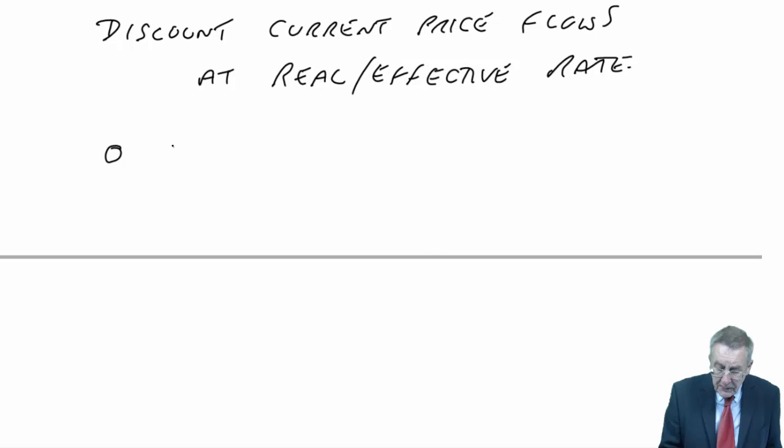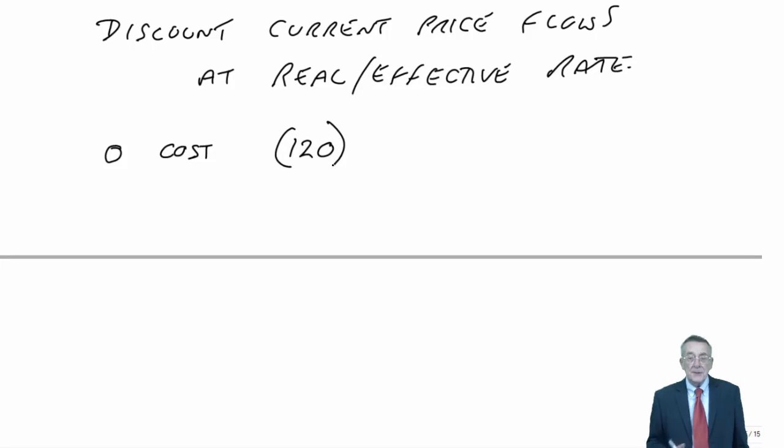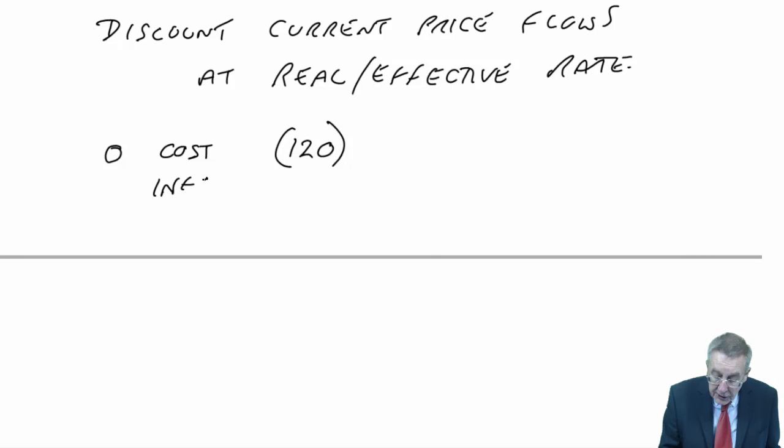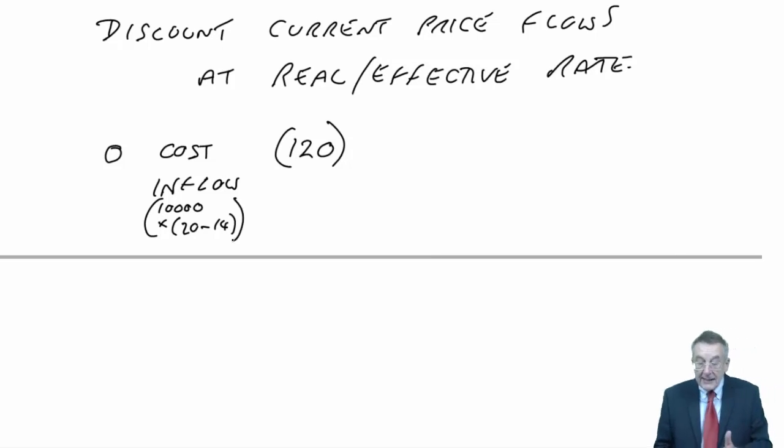Because think about it. This project, the cost was what? 120,000. Again, I want to work in thousands. The net inflow each year at current prices, so if we ignore inflation completely, remember the inflow each year, there were 10,000 units at a net selling price 20, cost 14, at a net $6 a unit.